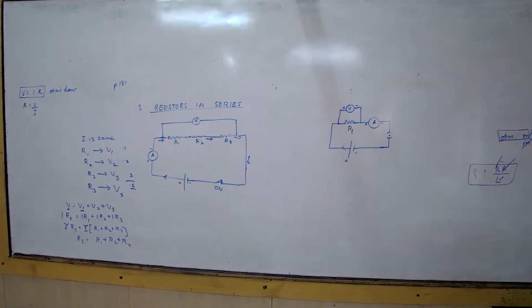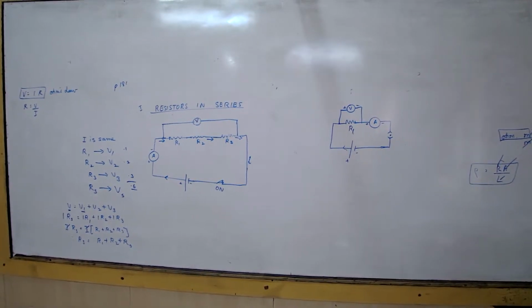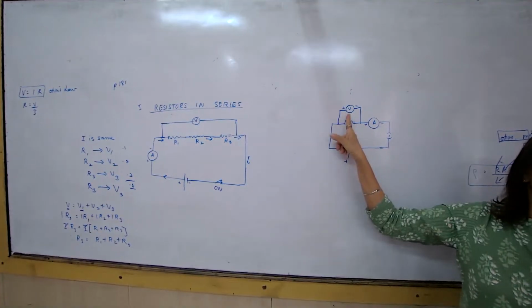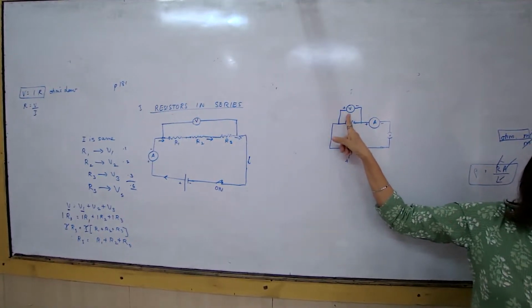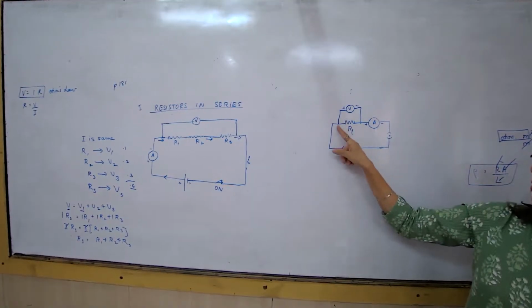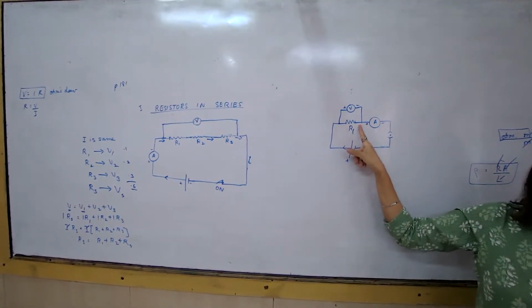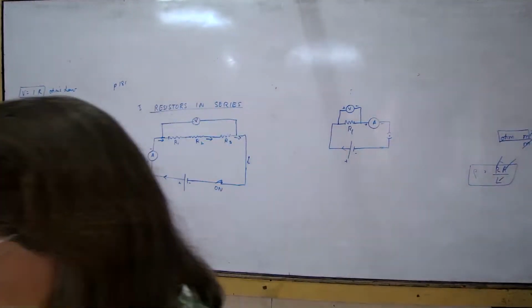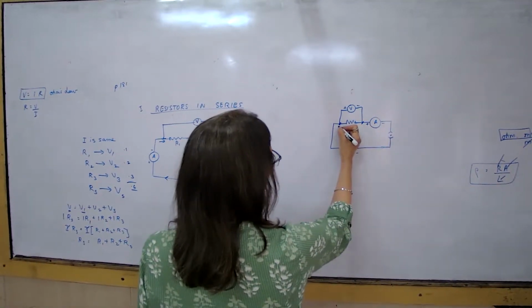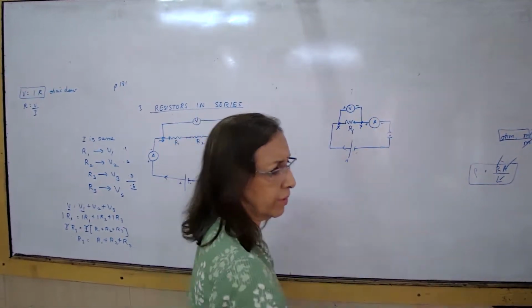What does a voltmeter do? Underline that statement. A voltmeter measures the potential difference across the two ends of the resistor. Here, for example, they have given X, Y, between this point and that point. It can be A, B, X, Y, whatever it is.